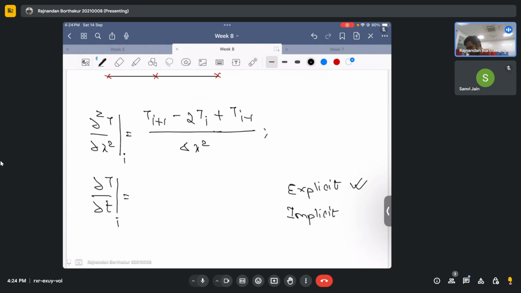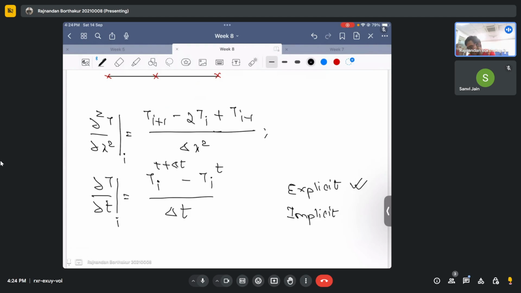And if I want to write this explicit solution for del T by del t at the ith grid, I can simply write it as T at I when my time is t plus delta t, where this delta t is something that you need to define, minus T at I when my time is t, divided by delta t. It is just a kind of first order marching in time.